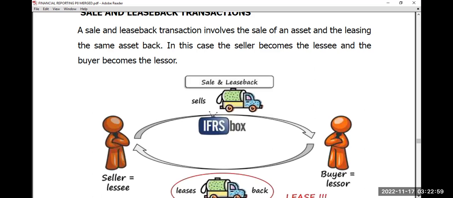Then after getting your money, I pay you back, and you give me the assets. So if the person has actually sold the asset, how are we going to treat it?